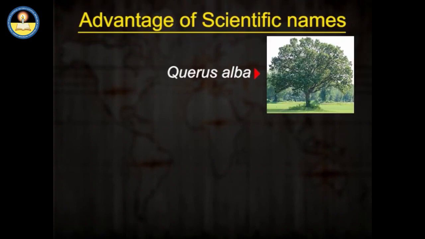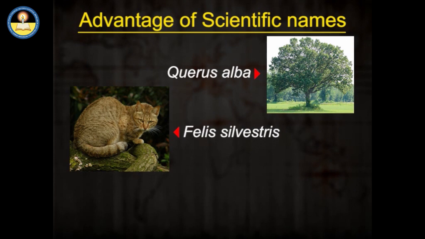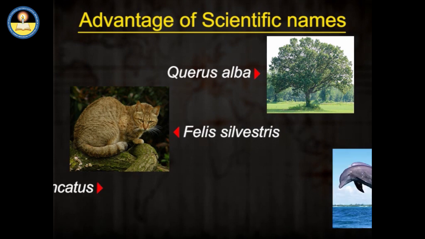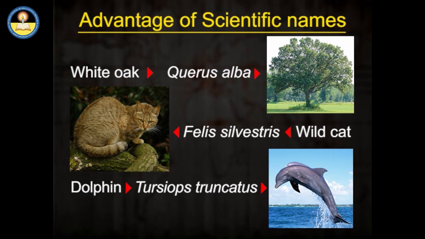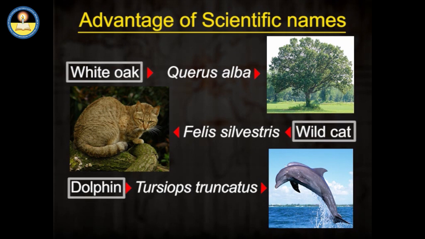Many people wonder why scientists use complicated, hard-to-pronounce names when speaking about familiar animals and plants. Common names such as white oak, wildcat and dolphin are accepted when used in casual communication and serve the purpose in a particular community which already recognizes that animal with the name in its local language.